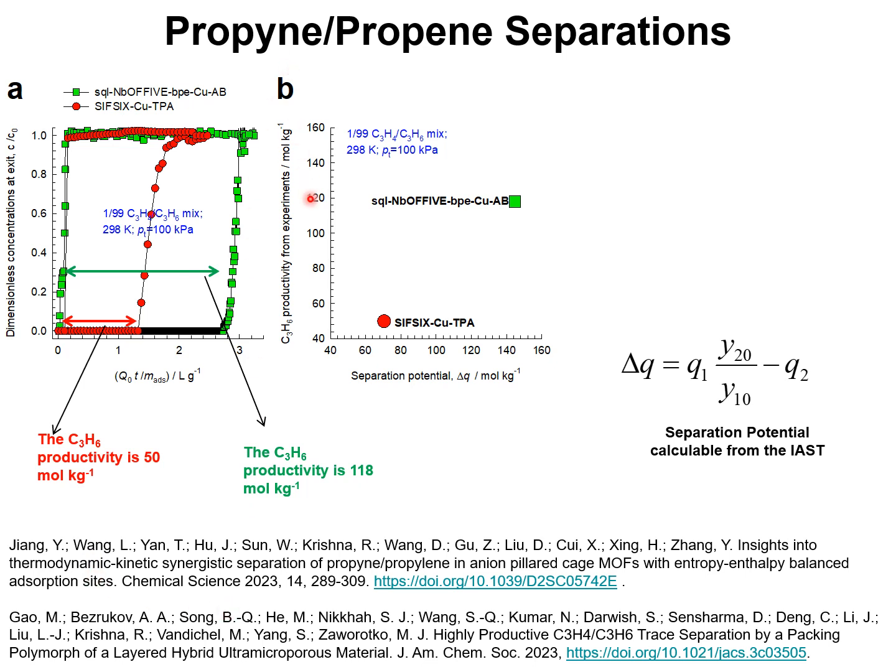I plot here on the y-axis the experimentally determined productivity from these two breakthrough experiments as a function of the separation potential for these two MOFs that is determinable from the IAST, and we note that the experimental productivities are linearly related to the delta Q values determined from IAST.